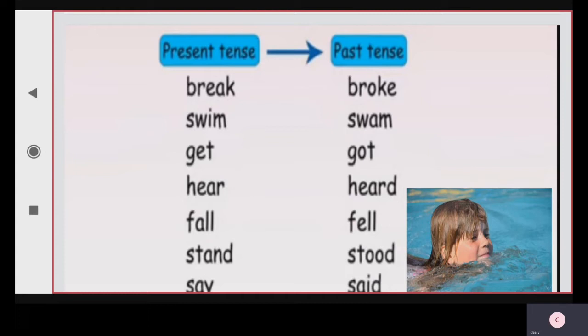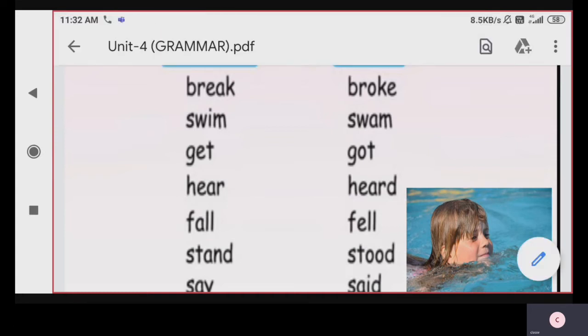Fall, fell. Stand, stood. Say, said. So kids, the primary function of a verb is to tell what and when an action is being performed in a sentence.